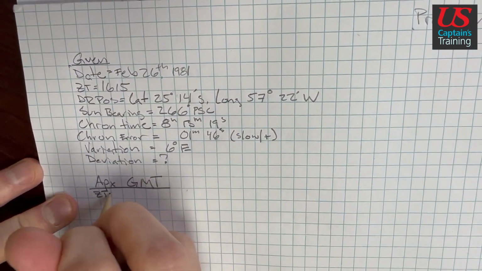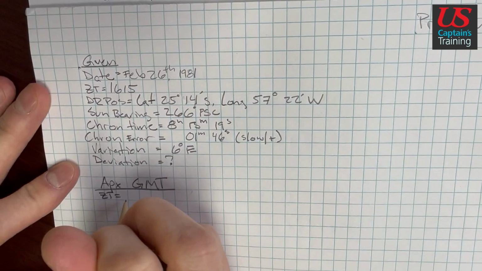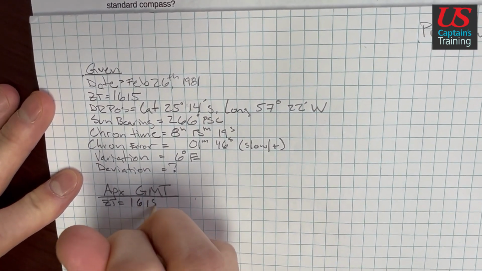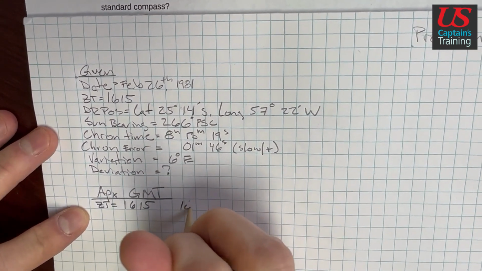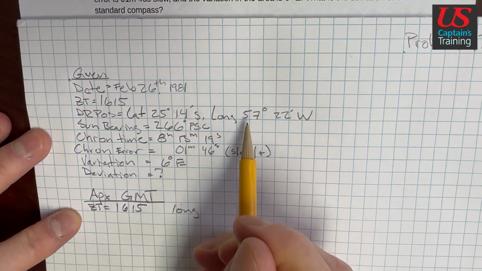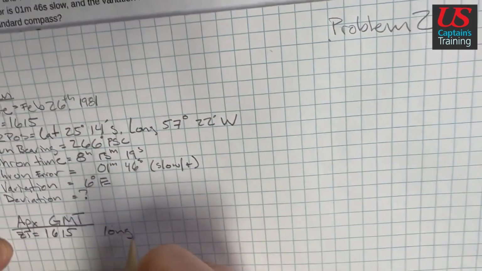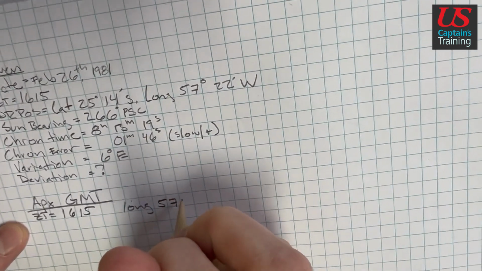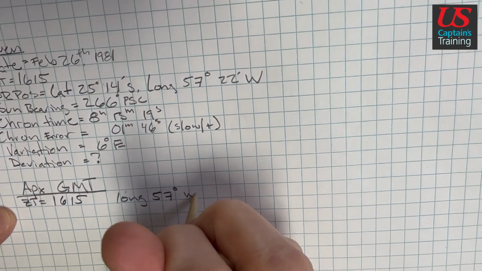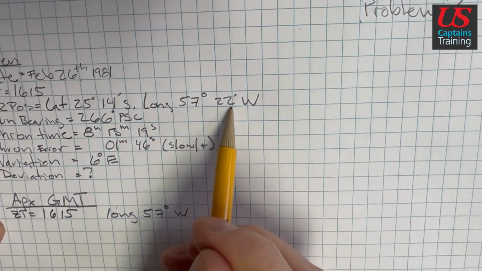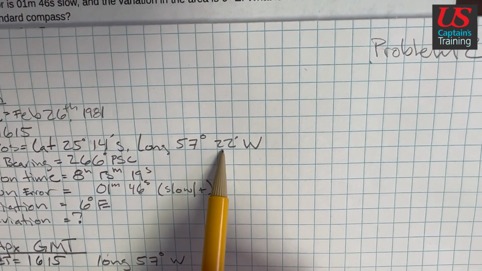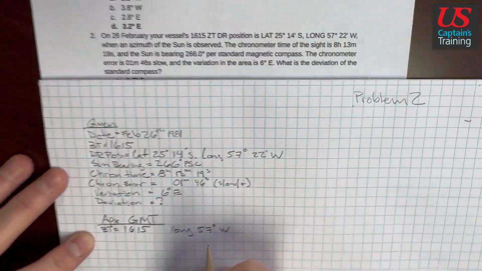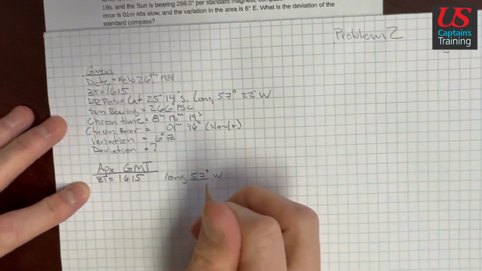So our zone time is equal to 1615. And then our longitude is 57 degrees 22 minutes west. This 22 minutes here shouldn't come into play. If things get kind of close, we can use it.